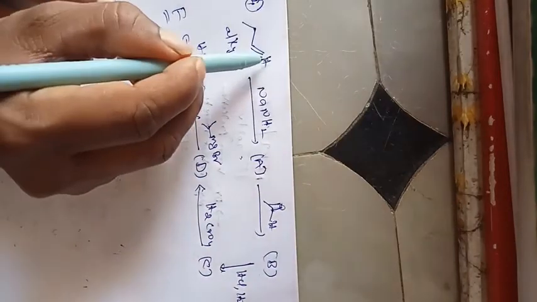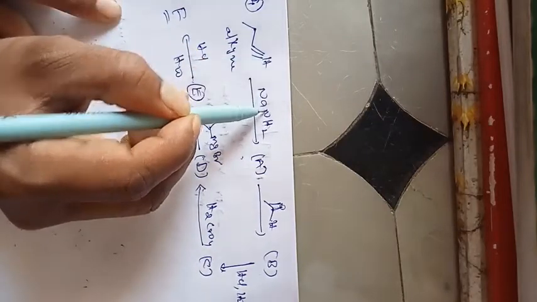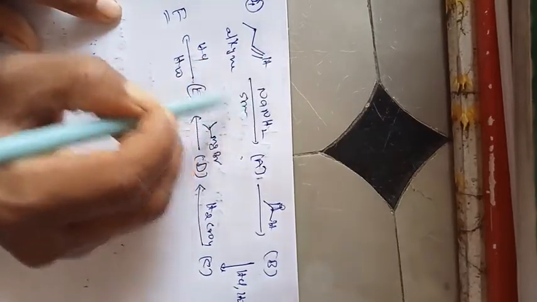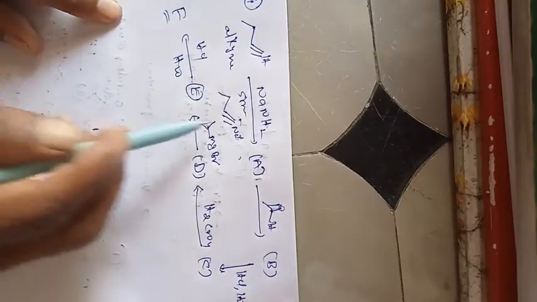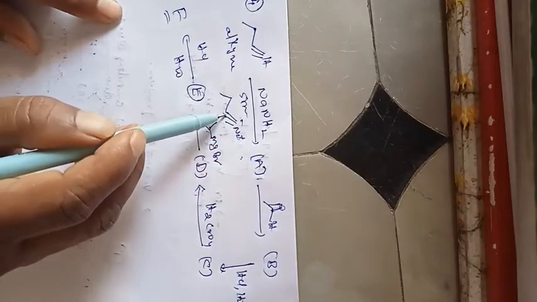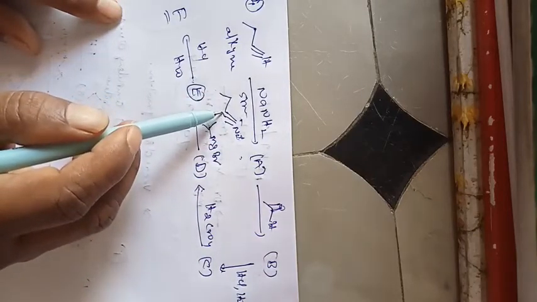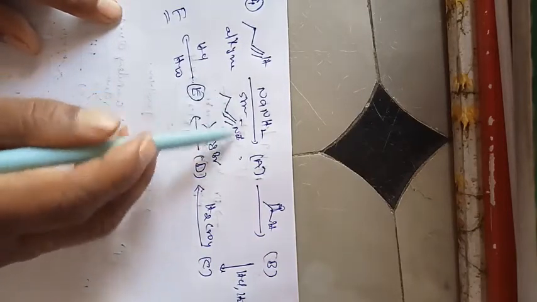So in this one, first I can write here, because of acidic hydrogen, in presence of sodamide, which is a very strong base, it will form sodium acetylide. So in this one, sodium propiolide it will form. So this is the A product.